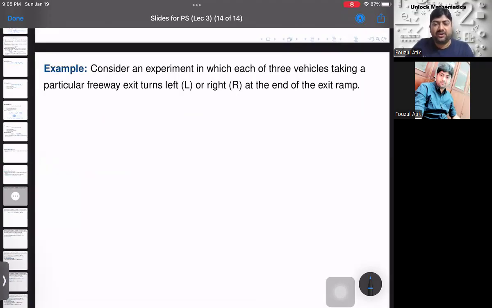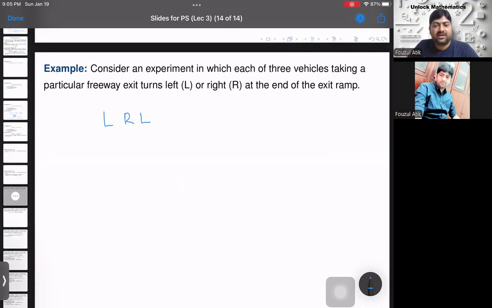How many different ways are these directions possible for these three vehicles? Vehicle 1, vehicle 2, vehicle 3, you can consider. So maybe one of the outcomes: the first vehicle got the left direction, second vehicle got the right direction, third vehicle got the left direction again. Possible? This is one outcome.